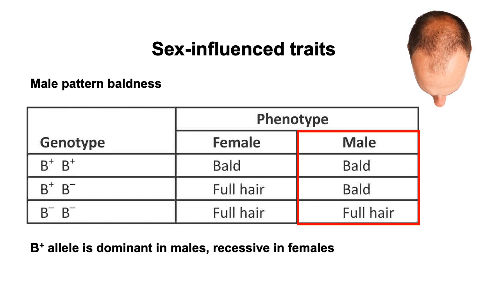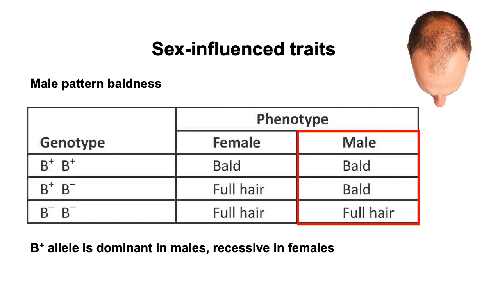So what we're looking at here, we have two alleles, the B plus allele and the B minus allele. If we just focus on the male side of this table, what you see is men who are homozygous for the B plus allele tend to show this baldness pattern, and men who are heterozygous for that B plus allele also show that baldness pattern. So that clearly is indicating that the B plus allele shows dominant inheritance in males.